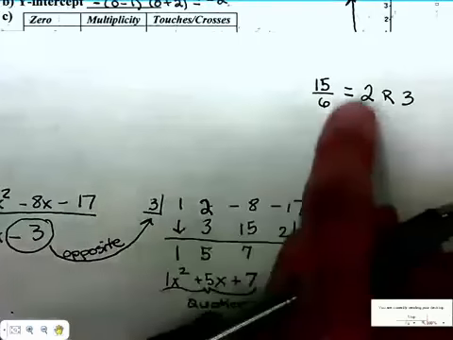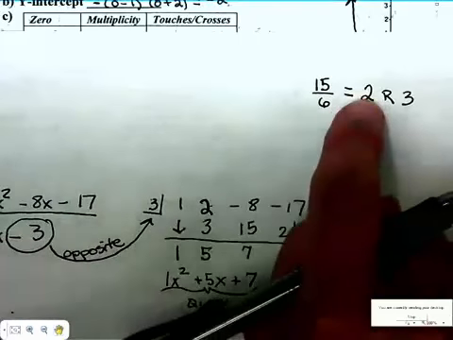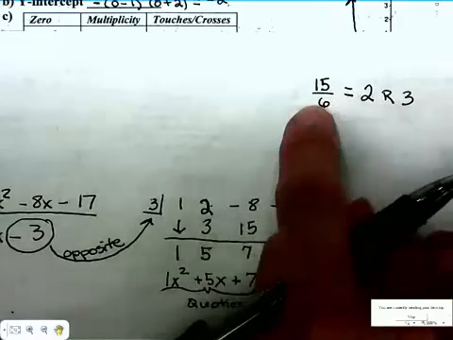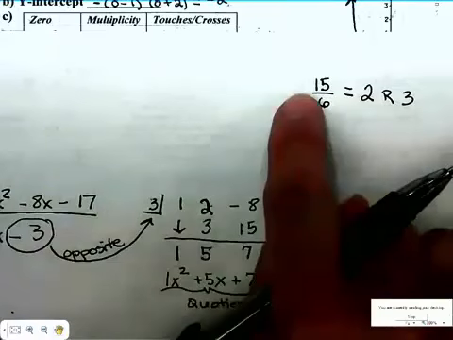You multiply your quotient times your divisor, and then add the remainder. 2 times 6 is 12, then add the 3 and you get 15. Same thing should work in algebra.